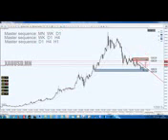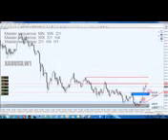Whereas if you know that the monthly area of demand is in control, if you know that the weekly is now up and the weekly area of supply is taken out, then you can say, I'm going to switch now to a weekly, daily, 4-hour sequence. I will drill my sequence down to a lower fractal sequence, which is the weekly, daily, 4-hour, or even to the daily, 4-hour, 1-hour chart, if you are trading those kinds of imbalances.